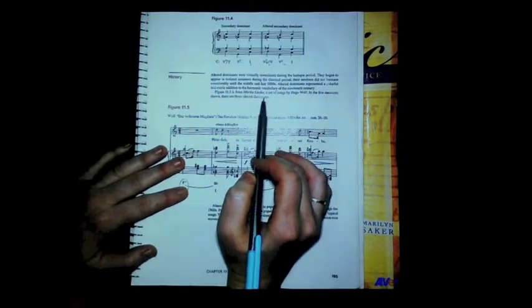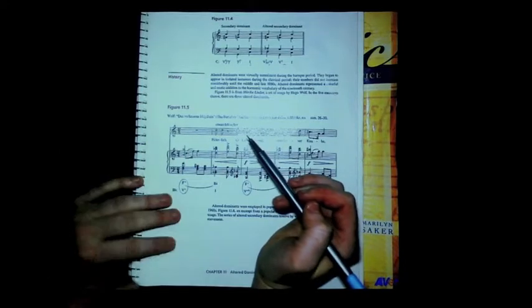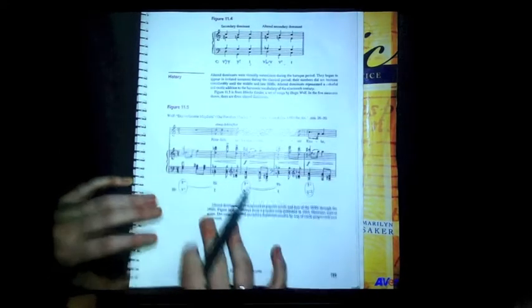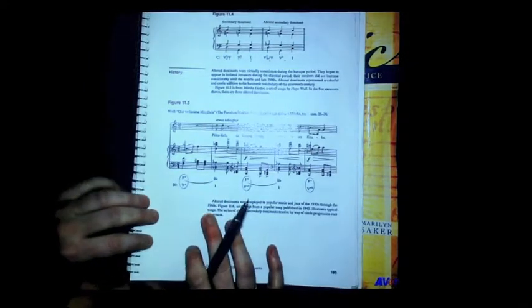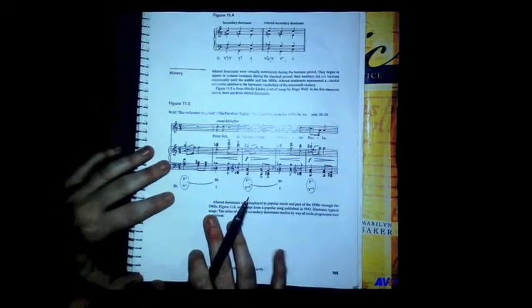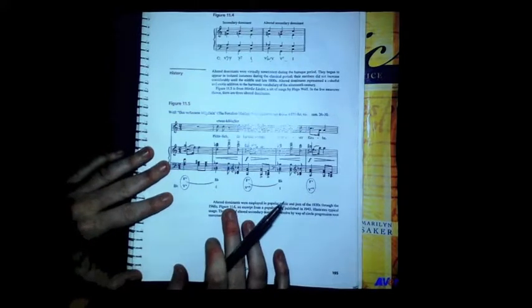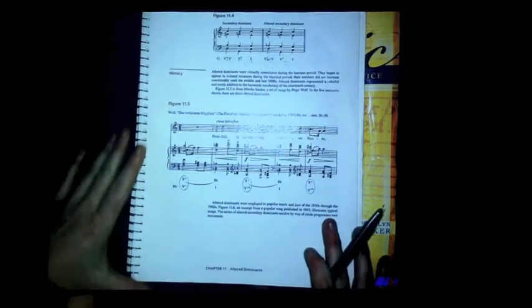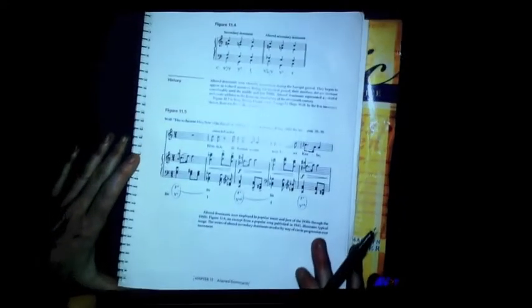So look at the composers we're studying right now, right? We've got Brahms, we have Hugo Wolf, Liszt, Beethoven. Think about those guys. Those are the ones who do altered dominants a lot, right? We can see in this example, Hugo Wolf, another good example of altered dominants.